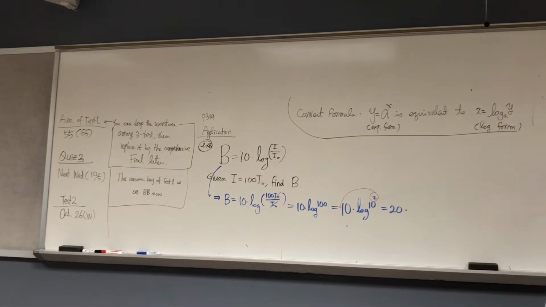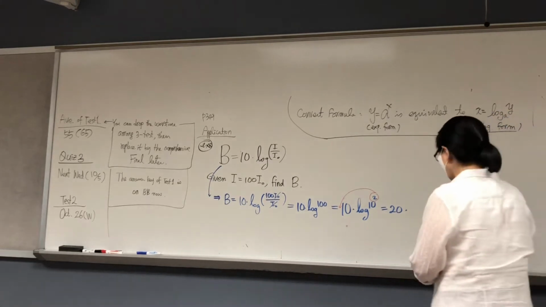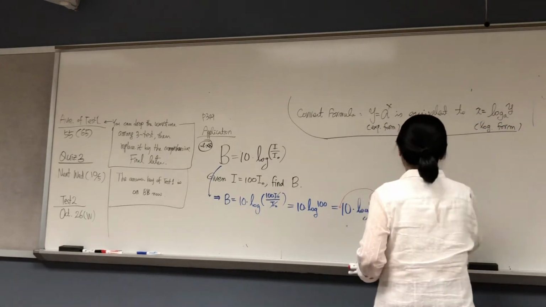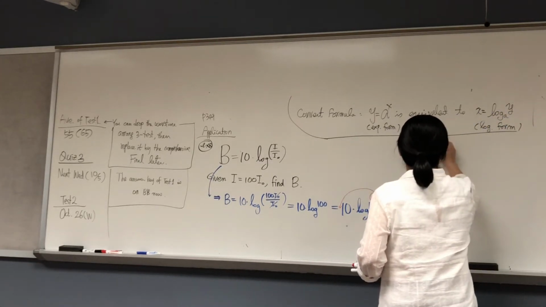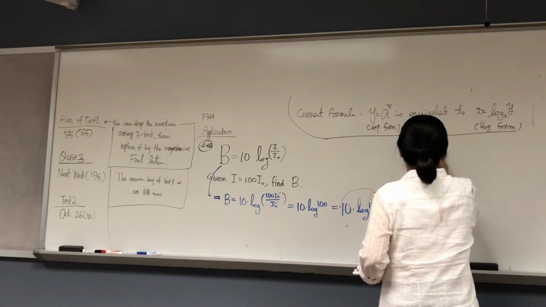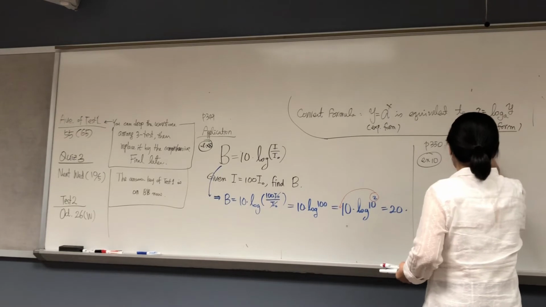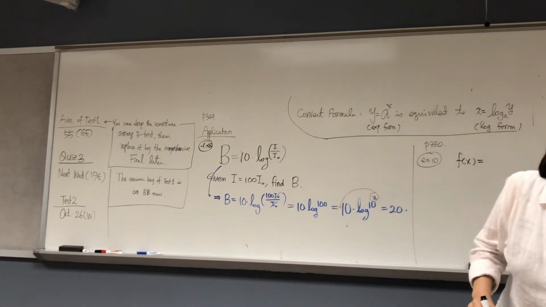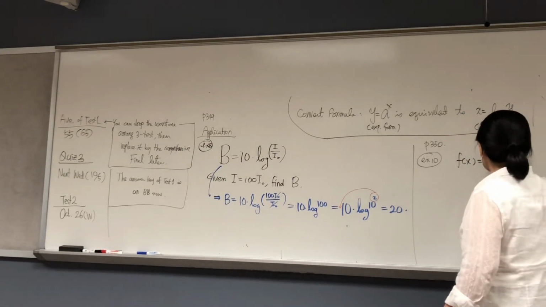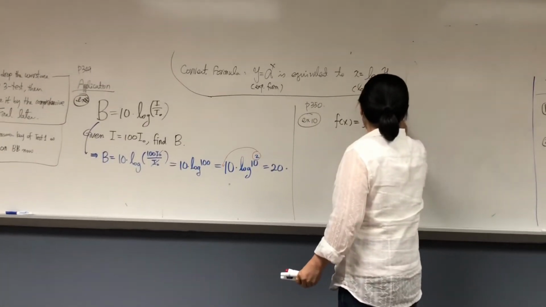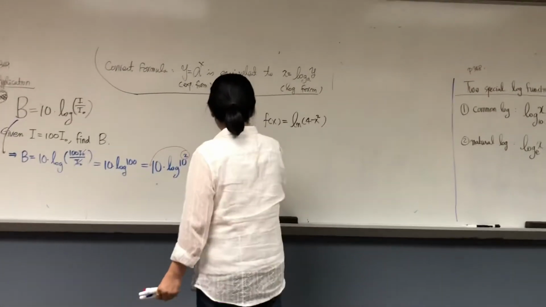Okay, example 10, page 350, and then I will move to the next section. f of x is given as a function of ln of 4 minus x squared. First question: what's the domain?